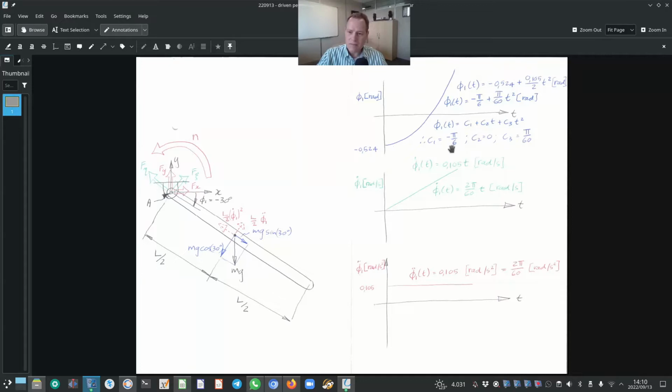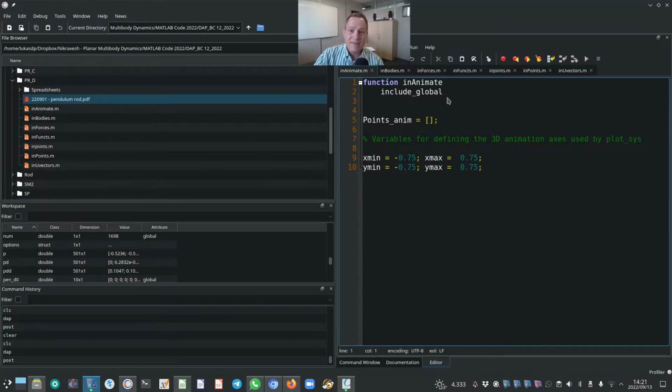C1 is minus pi over 6, or approximately minus 0.524. C2 is 0, and C3 is pi over 60, or approximately 0.105 divided by 2.